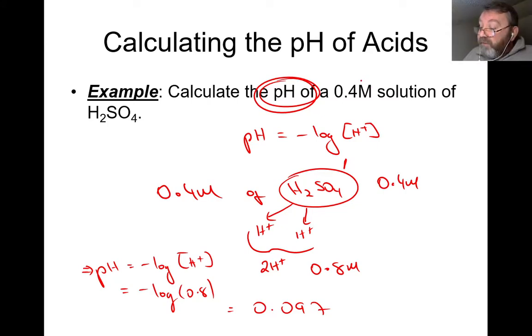So if they give you the concentration of the acid, you have to ask yourself a question. Is the acid monoprotic? In other words, does it produce 1 proton? Is it diprotic, as in the case here, or is it triprotic? Based on the number of hydrogens that it can give, there will be a ratio between the original molecule and the number of H pluses that it produces as a result of dissociation.